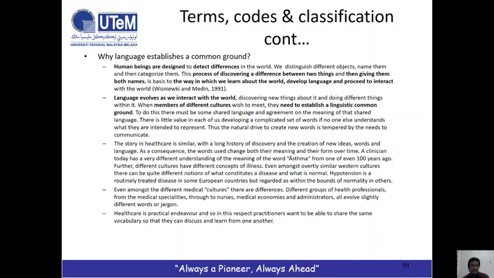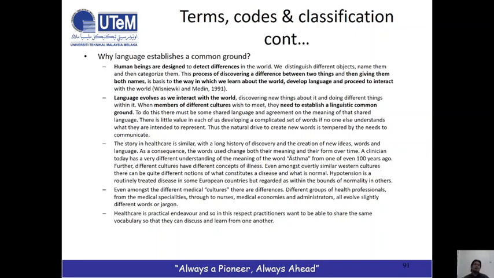So this previous story that I told you is similar in healthcare. There is a long history of discovery and the creation of new ideas, words and language. As a consequence, the words used change both their meaning and their form over time. So a clinician today has a very different understanding of the meaning of words, for example, asthma or diabetic.